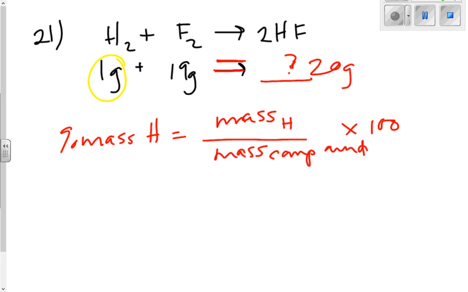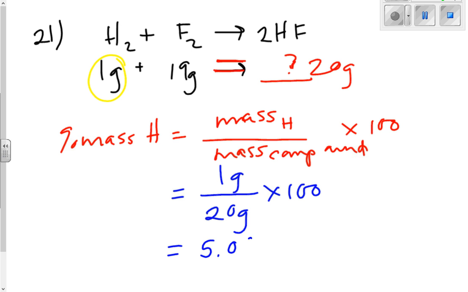So I can then plug in my numbers here. Mass of hydrogen is 1 gram over a total of 20 grams in the compound times 100. And that should give you 5% mass hydrogen in that compound.